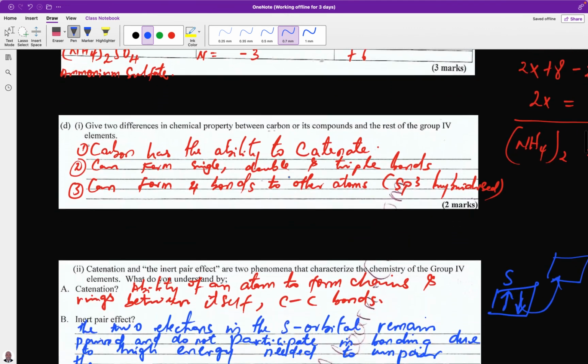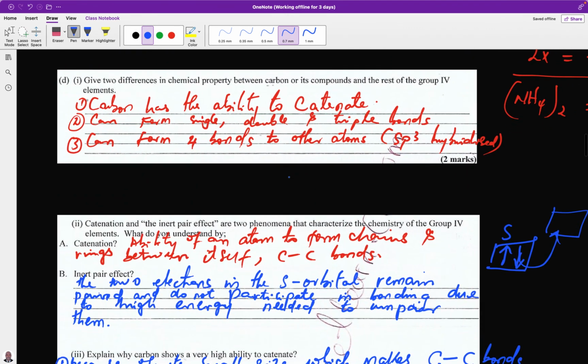Then, now, what do you understand by catenation? I said catenation is the ability of an atom to form chains and a ring between itself. I will give you an example of carbon-carbon bonds, in aliphatic compounds and in aromatic compounds, like in benzene.